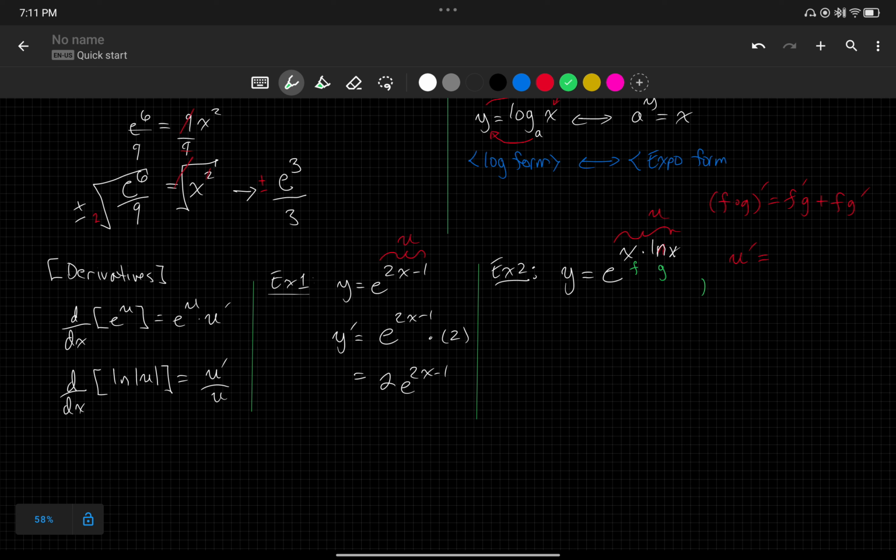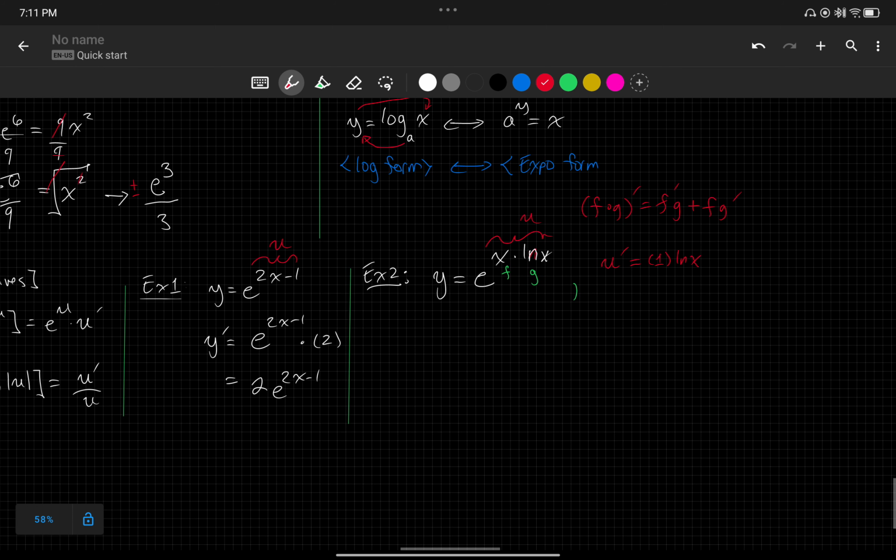So let's take the derivative. So what's the derivative of x? Well, that's 1 times ln of x plus f, which is x, times the derivative of g.